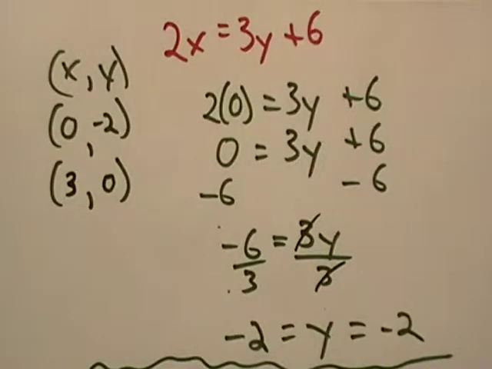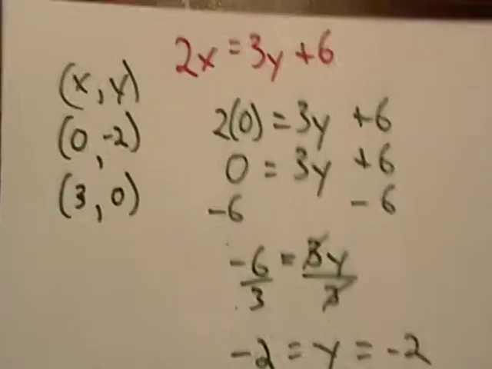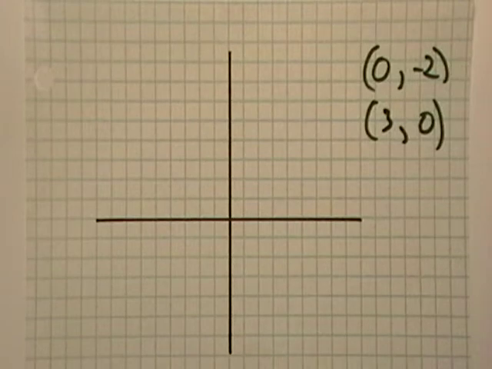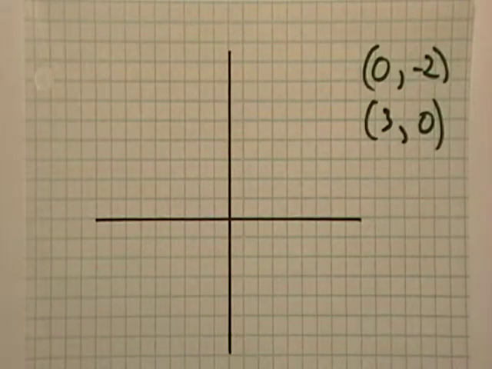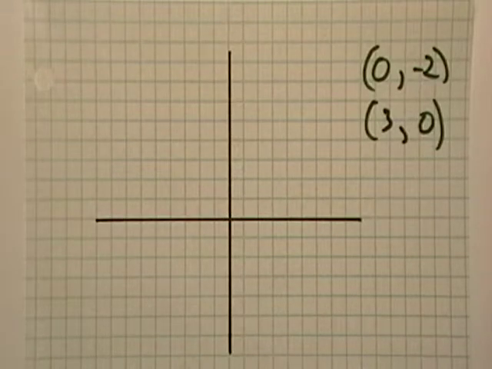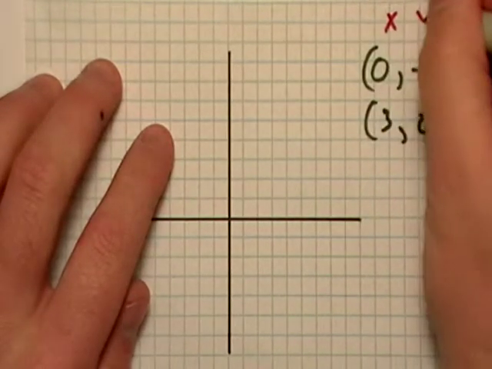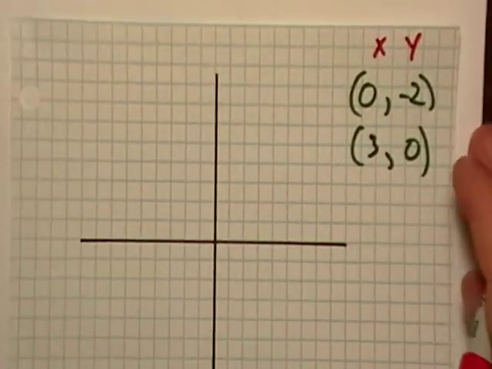So I'm just going to take some of this information and transfer it to my coordinate plane here. Okay, so it looks like I have 0 at x equals 0. Remember, here's x and here's y.